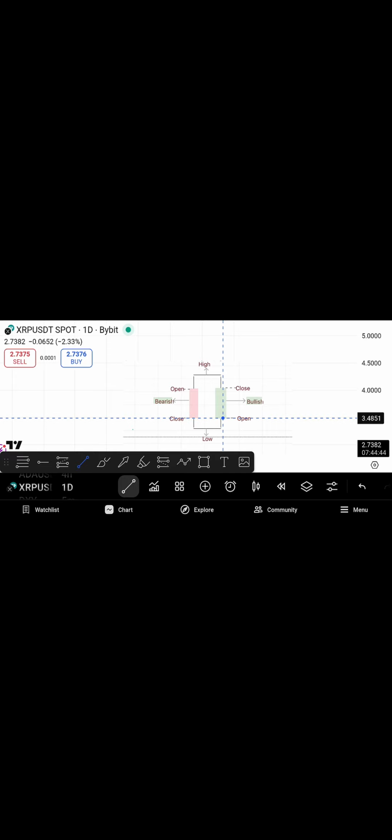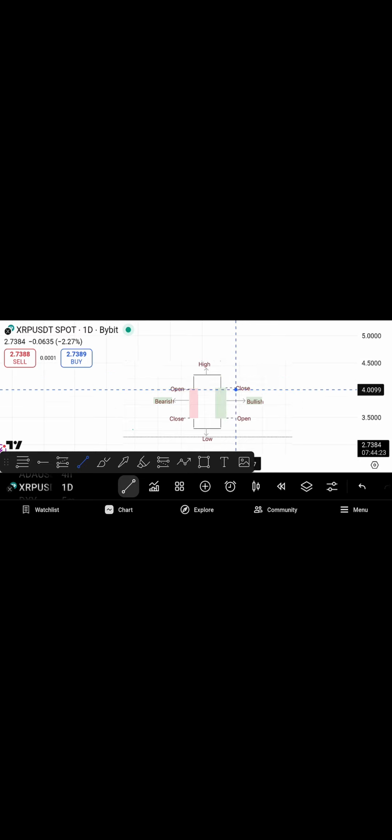So after it opens from down, when it finishes its time, like its daily time of 24 hours, or if this chart is for 4 hours, after it finishes those 4 hours, wherever the candlestick is, it will close itself, either small or big.